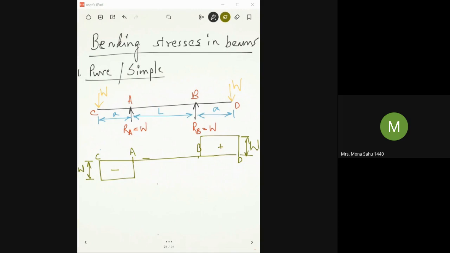And if you draw the bending moment diagram, this is how it's going to look like. Again, mark the points.